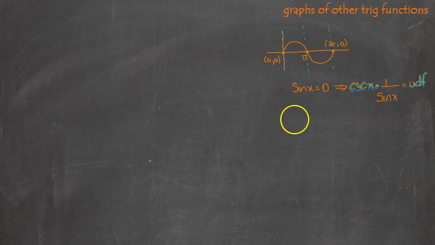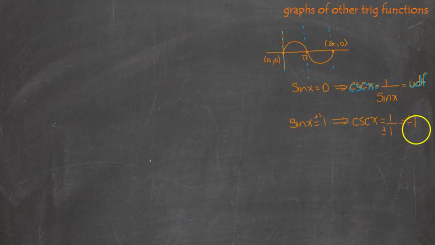The other thing that we can see pretty quickly is that whenever sine x equals 1, the cosecant of x, by the same logic, equals 1 over 1. And whenever sine x equals plus or minus 1, then the cosecant of x equals 1 over plus or minus 1, which means it equals either positive or negative 1 at those same values.